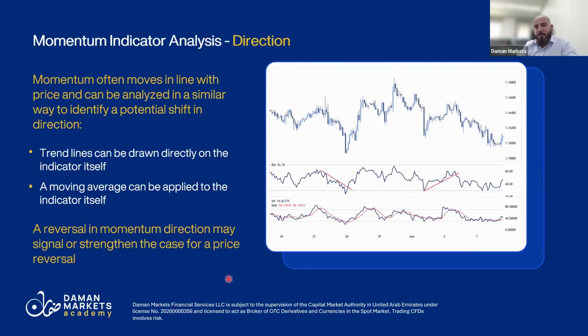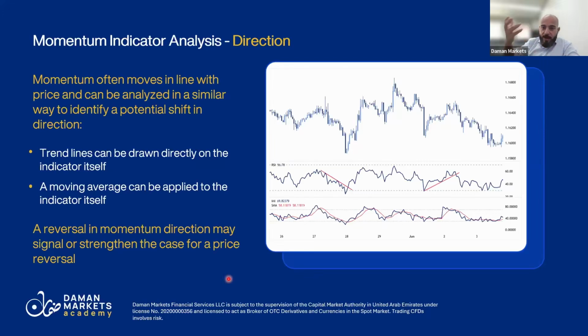Remember, a reversal in momentum direction may signal or strengthen the case for a price reversal. Now, if a reversal in the oscillator took place and it was not associated with a reversal in the price, this serves as an alert, as a warning that you should be ready for a potential reversal in the price.